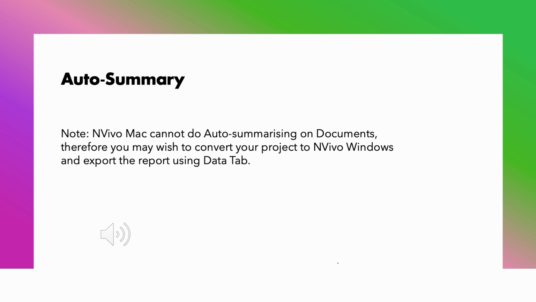You can see those videos at your leisure. You can also convert your project from Mac to Windows and then convert it back from Windows to Mac. Make sure that you have a master copy of your project when you convert, just in case you lose anything, so that you have your own copy.